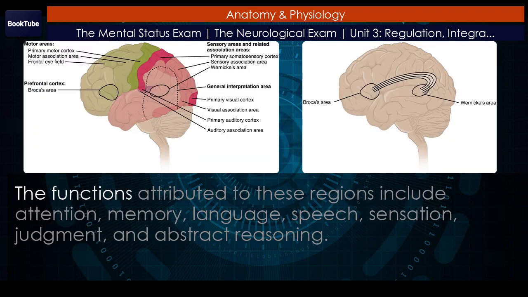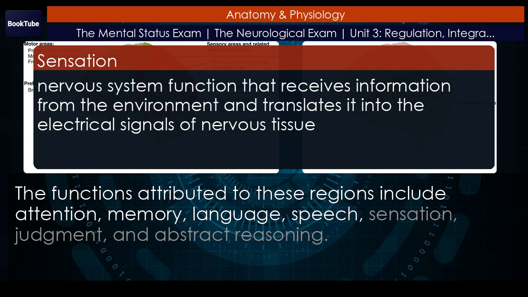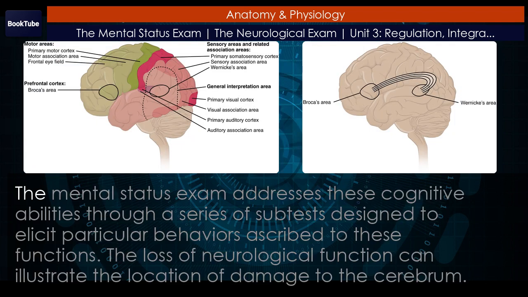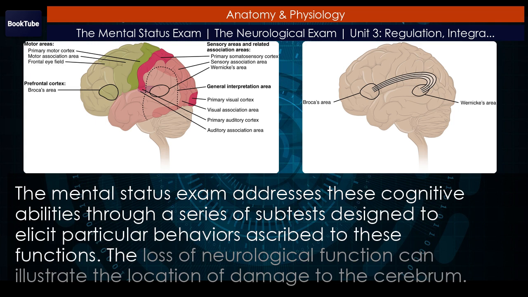The functions attributed to these regions include attention, memory, language, speech, sensation, judgment, and abstract reasoning. The mental status exam addresses these cognitive abilities through a series of subtests designed to elicit particular behaviors ascribed to these functions. The loss of neurological function can illustrate the location of damage to the cerebrum.